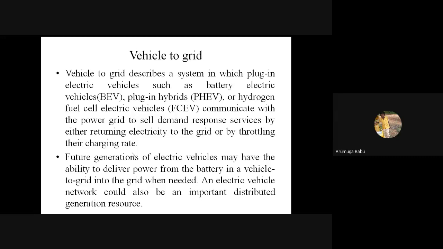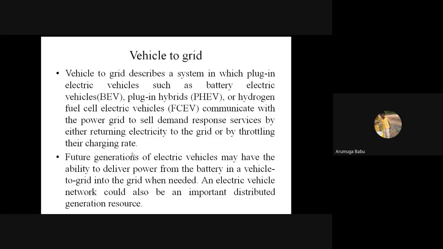So indirectly, even though vehicles are not polluting the environment, the generation is polluting the environment. The challenge is that even though we are going for electric vehicles, the environment is polluted. To overcome that, we have to make sure that electric vehicles are supplied power from renewable energy sources.